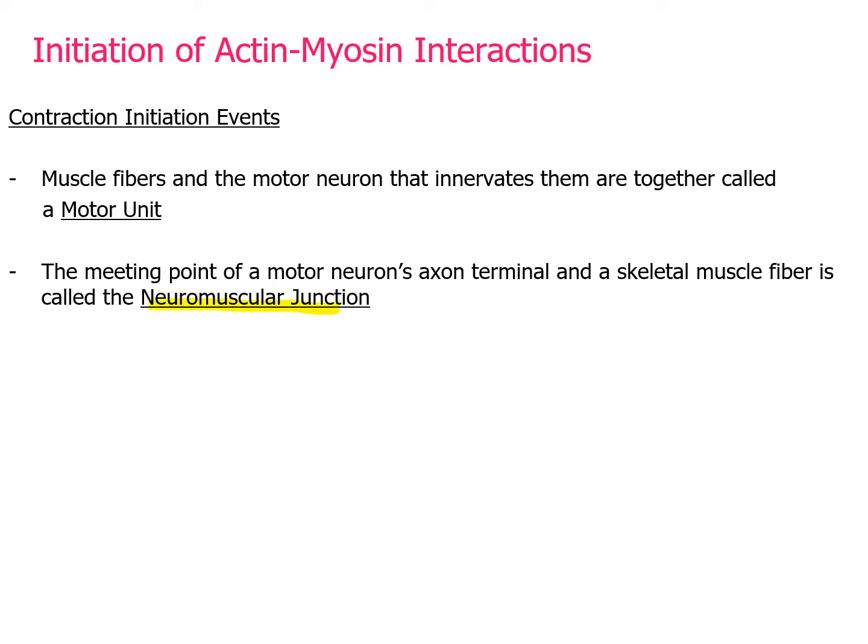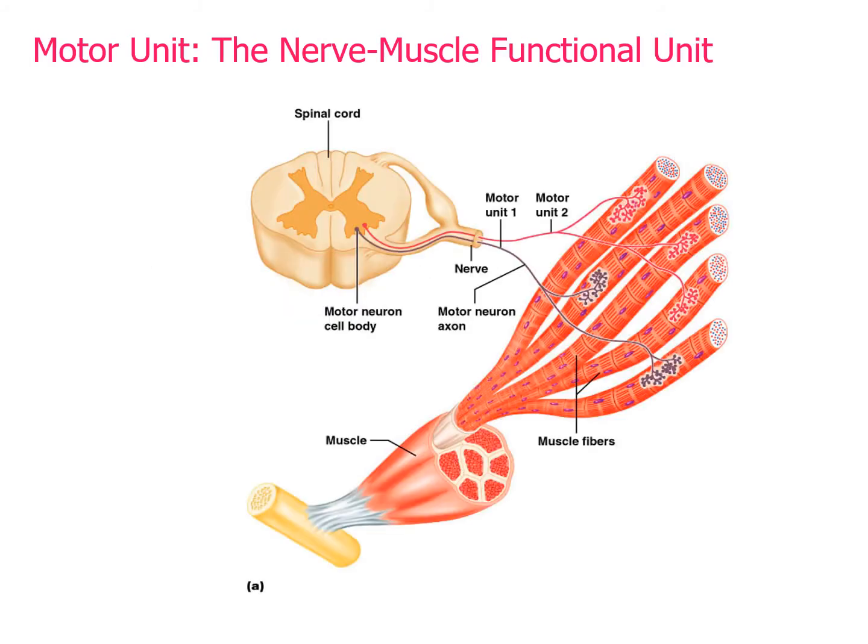Neuromuscular junction, and I'll show you in the next few slides what that means. So again, what we have here is a single motor neuron, and it's sending out an axon that innervates a number of different skeletal muscle fibers within a particular muscle.